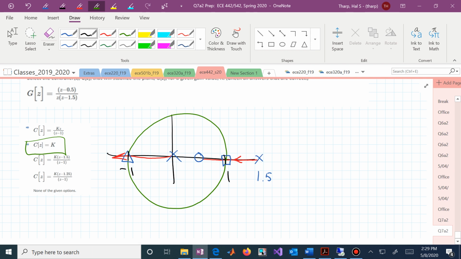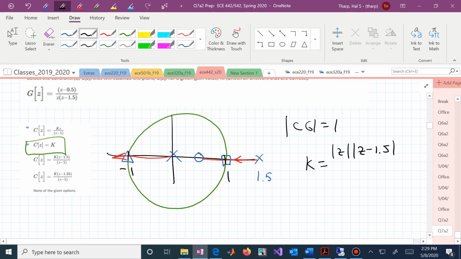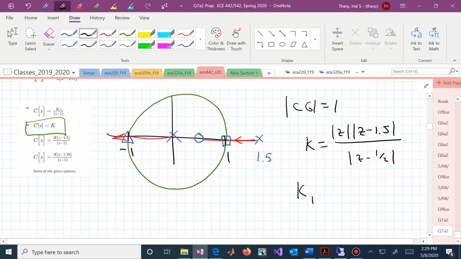Or in this case, we now need to find, using this CG magnitude condition equaling 1 for a constant gain controller, we solve that for k, and we have z times z minus 1.5 over z minus 1/2. And we now evaluate that at 1, and we have 1.